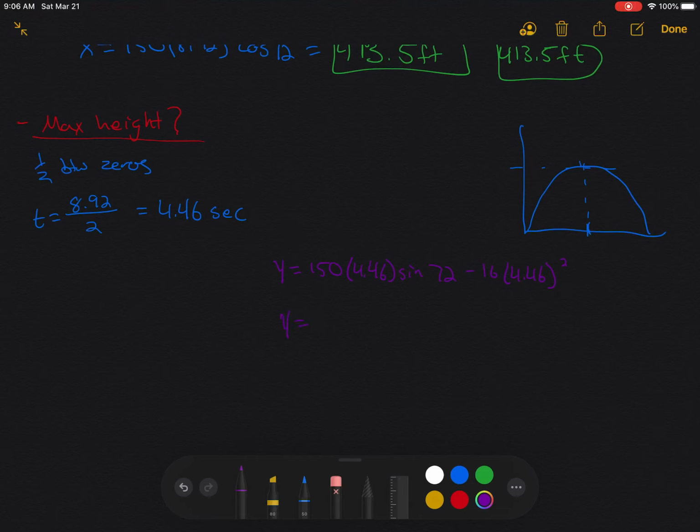When you plug that into your calculator, you should get a nice y equals 317.99 feet.